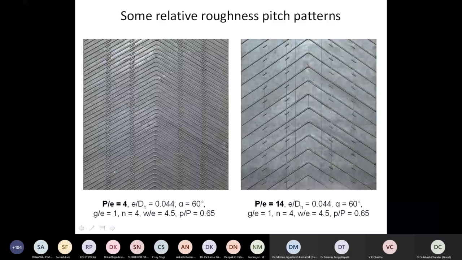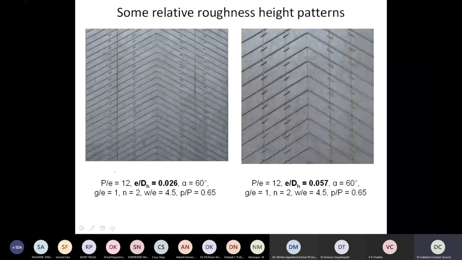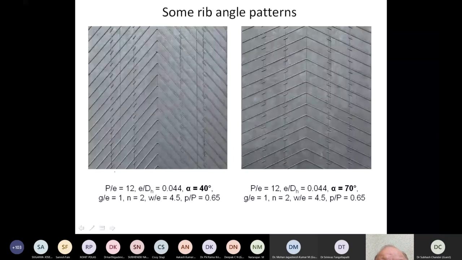So like that, you can see here also, if you have different sizes of the wire, it is 0.26, smaller and bigger wire. Likewise, this is smaller angle and bigger angle. So this is how it looks.